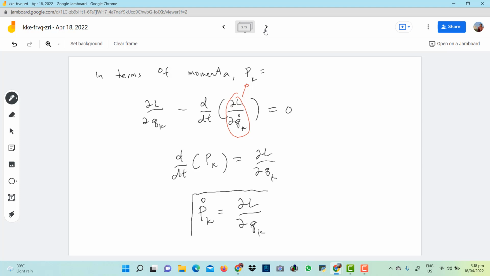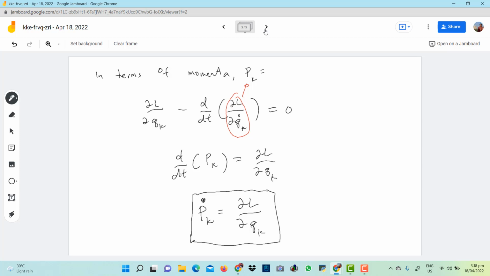Please familiarize yourself with this, because when we reach the last section of the chapter on Hamilton's equation, we will use this p dot. The p dot is partial L with respect to q, but instead of the Lagrangian L, we will use the Hamiltonian H. So pk dot is equal to partial L with respect to qk, based on our Euler-Lagrange equation.